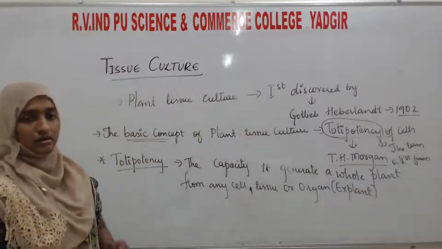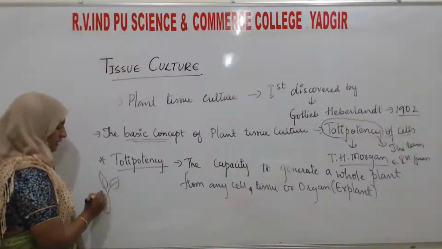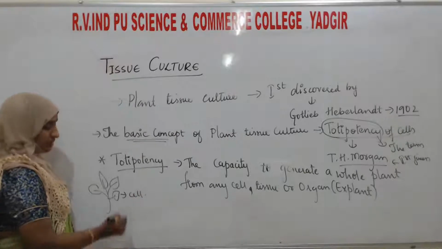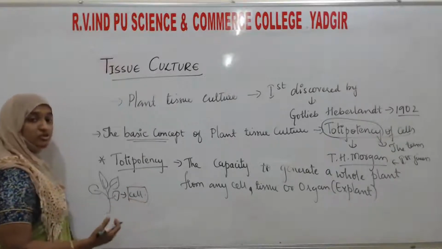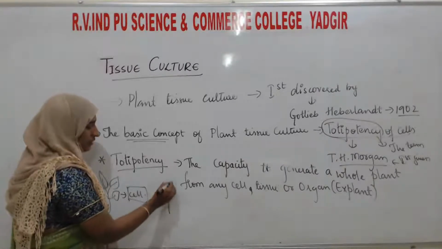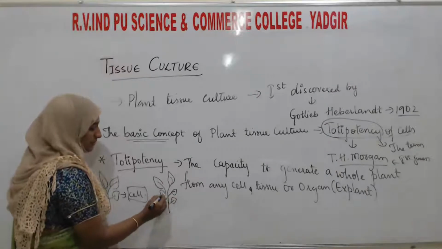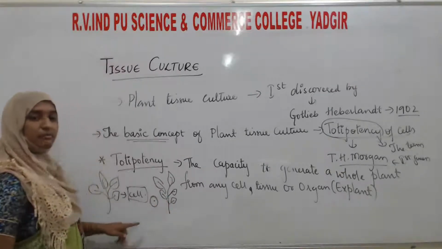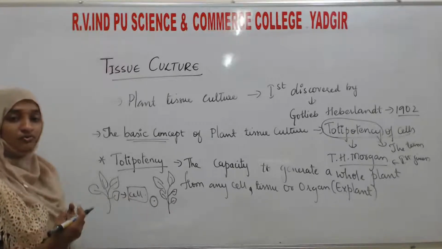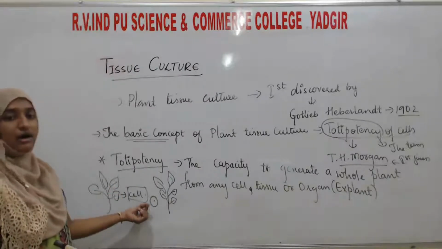See here, whatever plant part they take, if they are taking a cell, for example, this cell has the ability to grow a whole plant. From this single cell, they are going to grow a whole plant. That particular cell has the ability to form a whole plant, from the cell or explant.